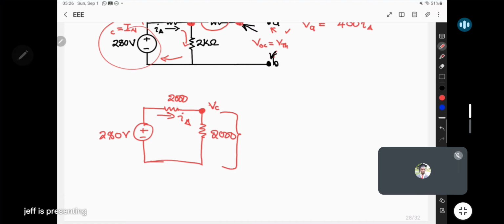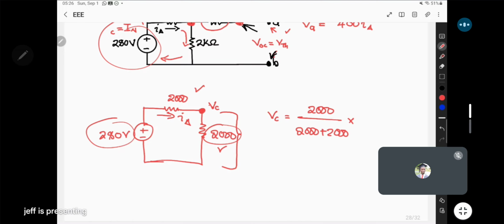Now, because these two resistors are the same, they will share the voltage equally, but you can still use voltage division. VC will be equal to the same resistor, meaning this one, 2000 on top, over the sum of the two resistors, which is 2000 plus 2000, then multiplying the voltage they are sharing, which is 280.